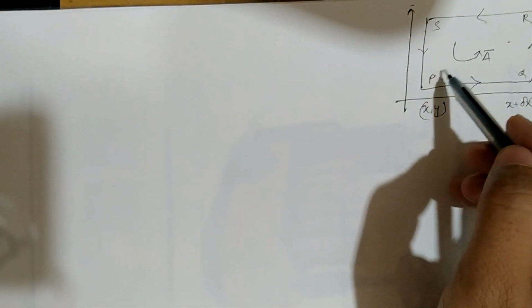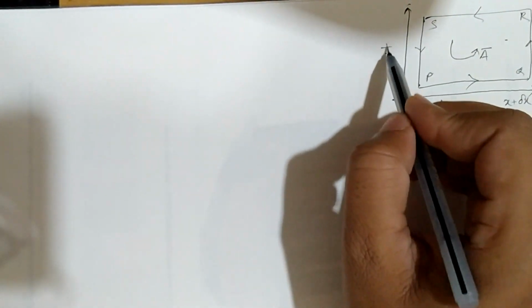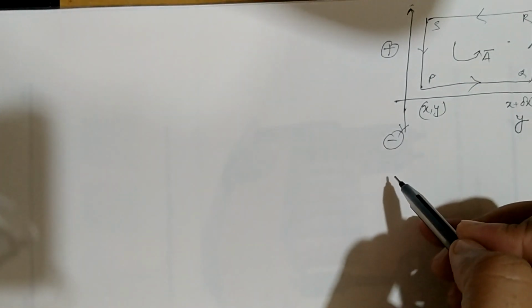We are going to calculate the integral along SP and QR. Now we know that this direction is positive, so this direction will be negative.